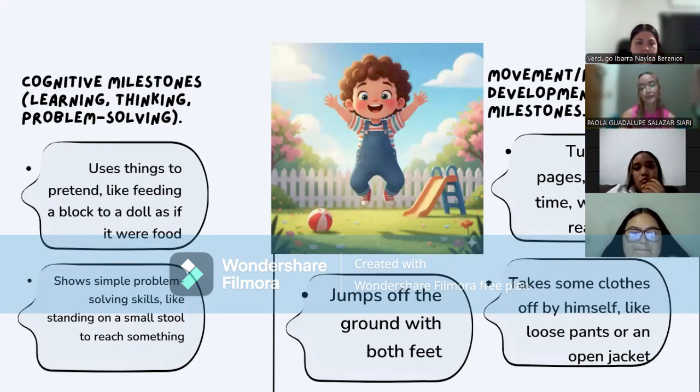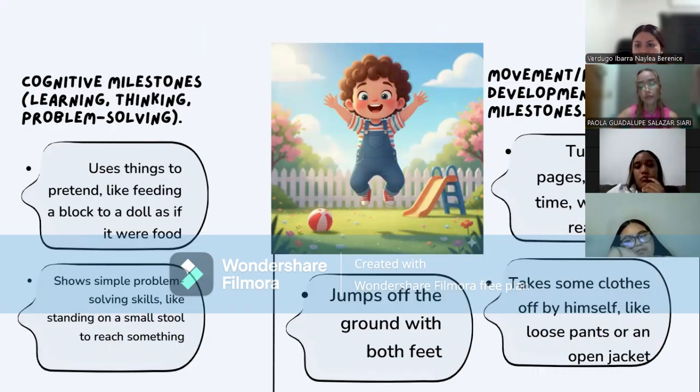Cognitive milestone, learning, thinking, problem solving: uses things to pretend, like feeding a block to a doll as if it were food; shows simple problem-solving skills, like standing on a small stool to reach something.